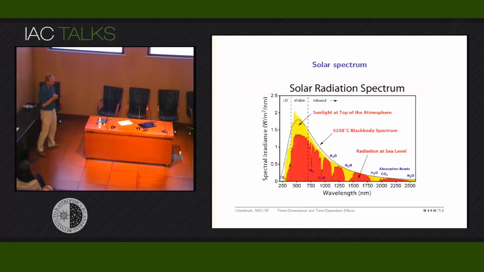Of course, it is very difficult to measure this variation, because parts of the spectrum are strongly absorbed by the Earth atmosphere. In red here is drawn how the radiation levels are observed as a function of wavelength on the Earth's surface, while in yellow is drawn the spectrum as it is seen outside the Earth atmosphere.